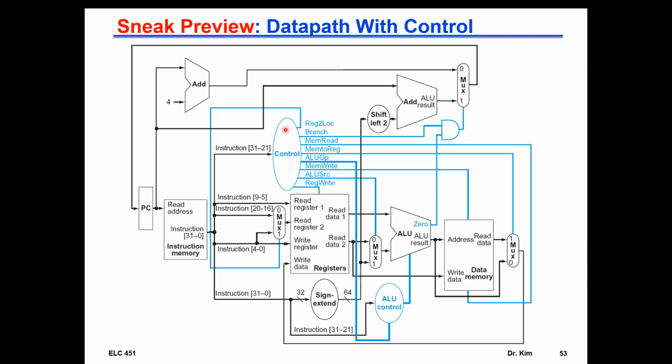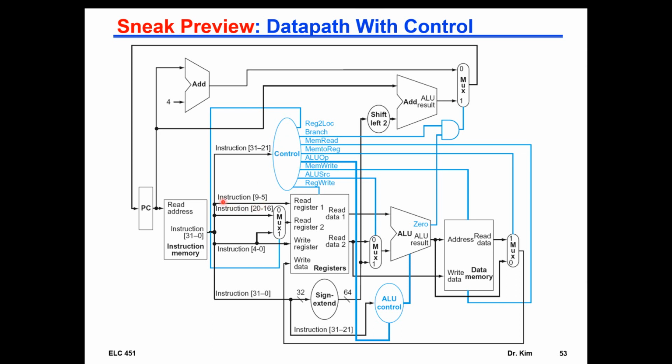In this case, the control unit is combinational, because we're doing everything in a single cycle, and we're deriving from that the actual control signals, which are in blue. So this becomes essentially a combinational logic block, and you can derive the truth table for that and implement it.